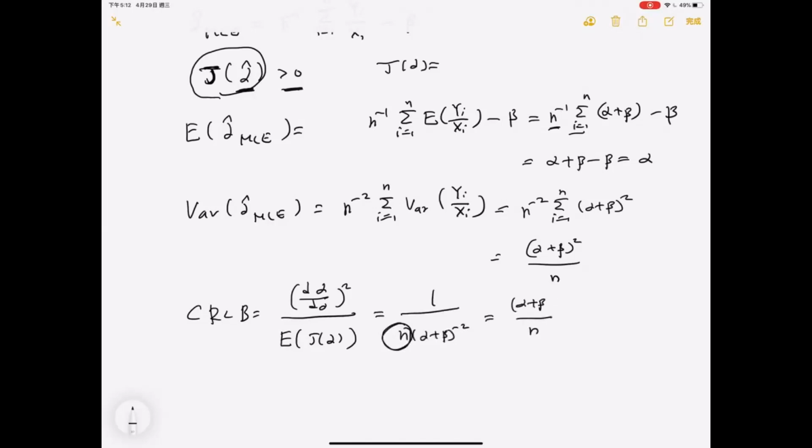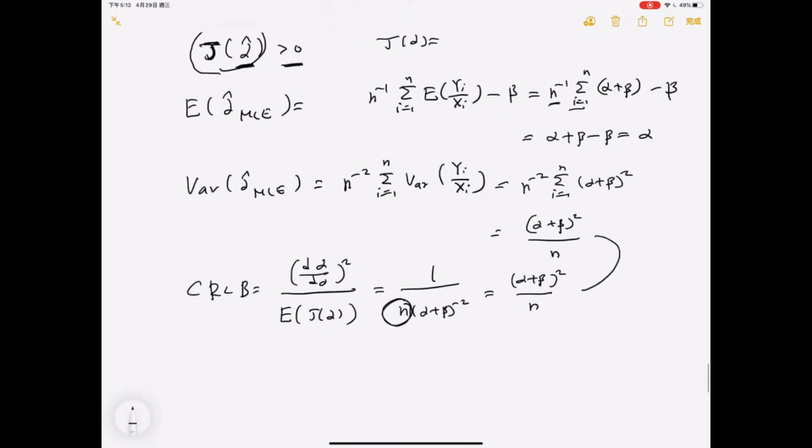If your Cramer bound is divided by n squared, that means you gave too many n's in the derivation. Okay, good. So then you'll see that alpha is actually reaching the Cramer bound. Then of course alpha hat MLE is a UMVUE as well, because the variance is unbiased and the variance reaches the Cramer bound. So alpha hat is a UMVUE as well.